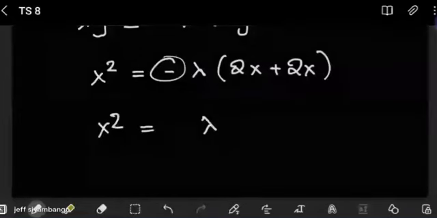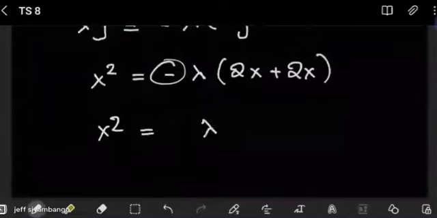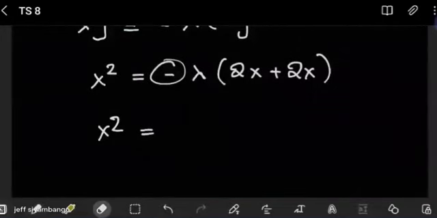Let me just repeat that just in case. Here, of course, we're going to have a problem with that minus, because this is going to end up being minus 4 lambda x. So this is literally what you're going to have here.